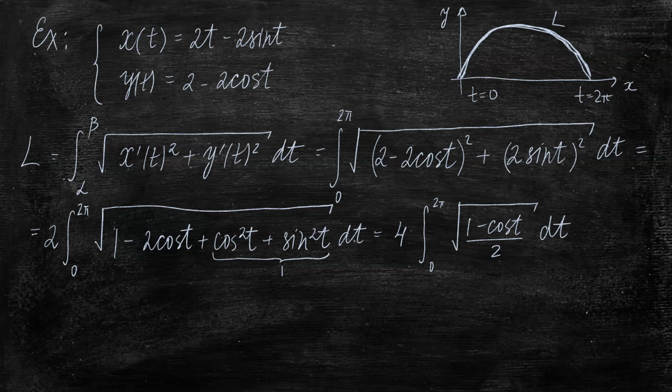If we recall the trigonometry here, we probably will recognize this expression. This whole integral now can be rewritten using the trig identity as this, which is nice and easy.